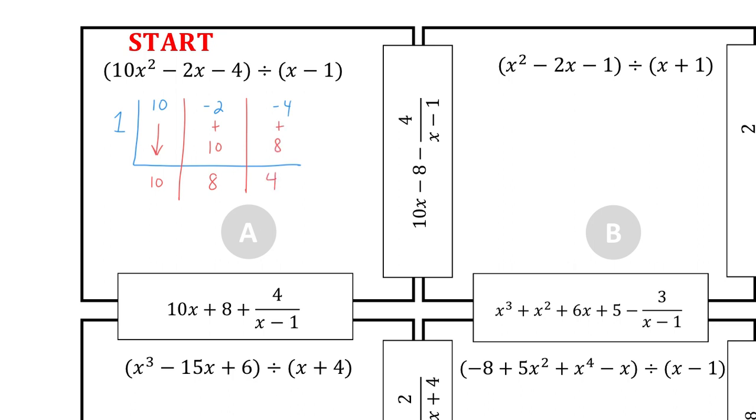So your answer, the degree, 2 minus 1, so we just get 1. So x to the first, constant, and my remainder. So when I write out my answer, I'm going to have 10x plus 8 plus 4 over x minus 1. So the next problem that you'll go to is going to be this one here.